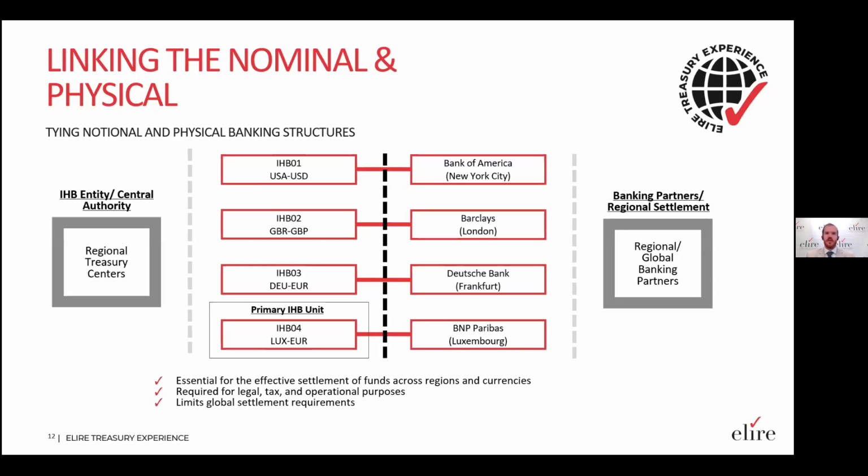We now start to look at shifting those specific currencies and areas to have a mirrored look at banking partners that really manage all of our fund transfers in particular regions. So on the left side, we really have those regional treasury centers and authorities managing any of our in-house banking accounts.